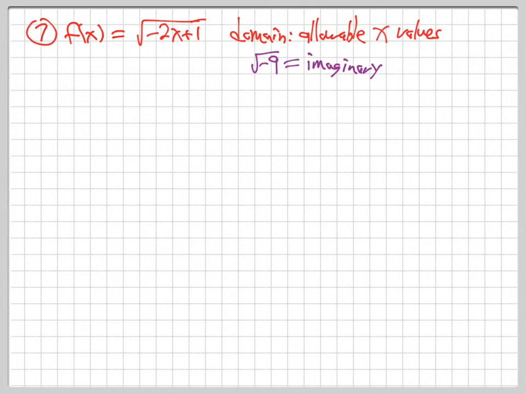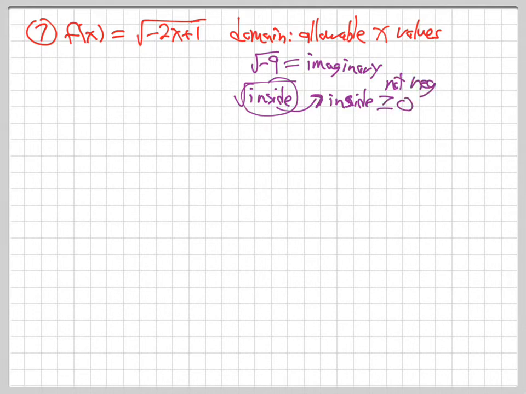So basically, if you have a square root, you say, hey, inside, you have to be not negative. How do you say not negative? Greater than or equal to 0, right? Because not negative means positive or 0.